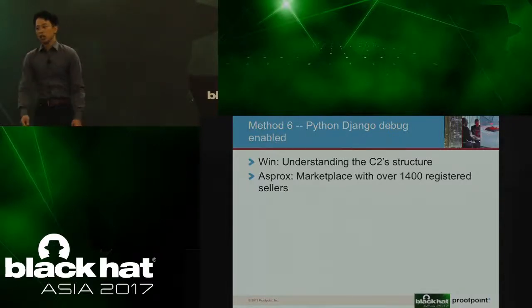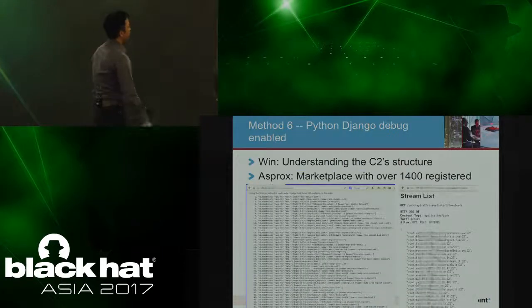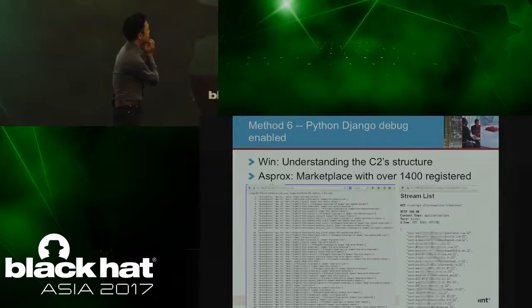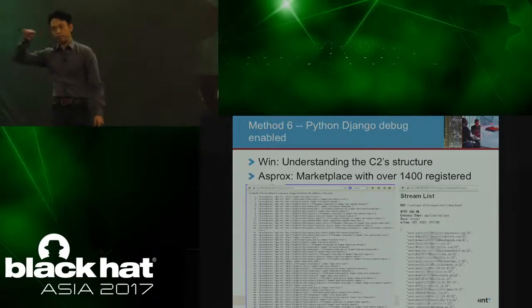Asprox. They were one of the super active spam actors a few years back. They turned it on, which allowed us to list out their URL mapping, and that's a feature of Django debug mode. And from their URL mapping, we were able to map out their Python API.